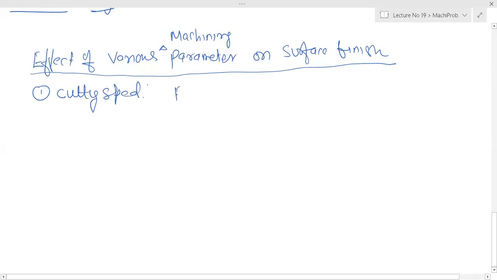One is ferrous metal, and the other is non-ferrous metal. Ferrous means iron, and non-ferrous like manganese, aluminum, right now.